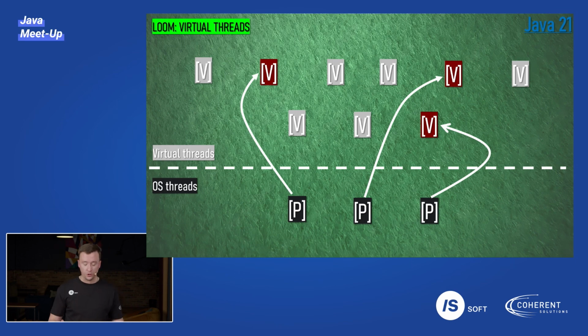With this construction, our Project Loom can ask for about 3 operating system threads to run all of our tasks, all of the stuff that we put into our virtual threads, instead of putting this work directly into operating system threads.